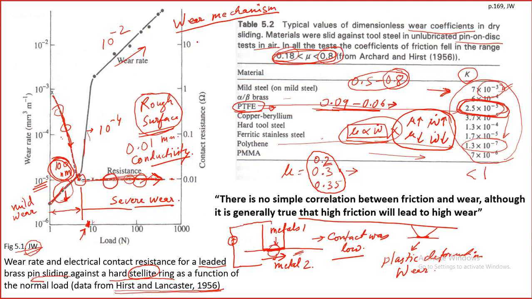Okay, so different material combinations will give you different kinds of friction values, and also corresponding wear values. But without talking about which material we are thinking, in general we can say that if friction is high, wear will be high. If friction is low, wear will be low, which is our normal understanding. But there are some exceptions, and PTFE is one of those exceptions.